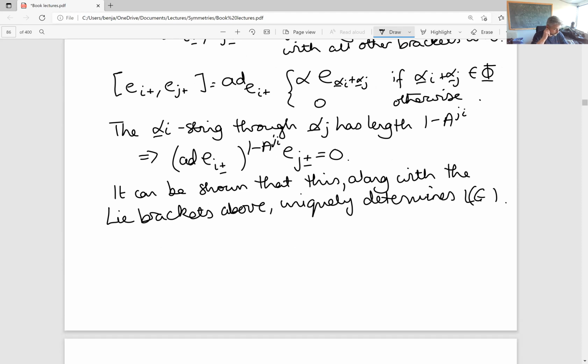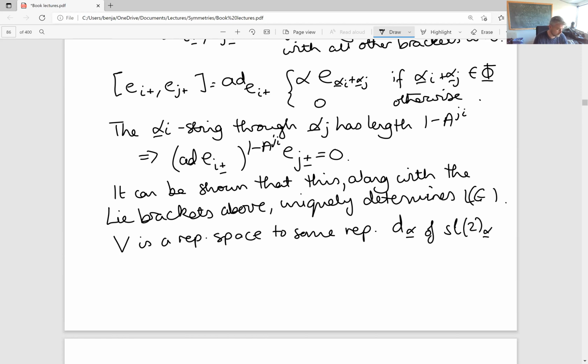Okay, so now V is a representation space to some representation which we'll call d_alpha of SL2_alpha. In general, d_alpha can be reducible.